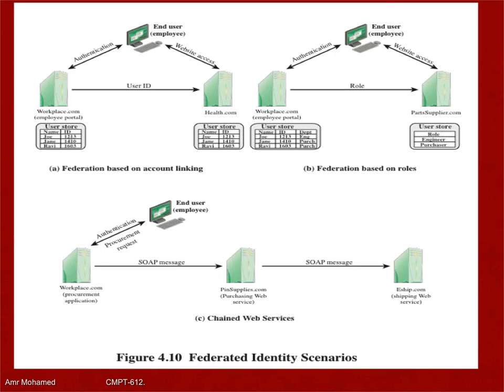Of course, through the protocol of the SOAP messages, this identity federation can be chained. It can be recursive. So from one workplace system, it can be mapped to another thing and then role mapping to another external thing.